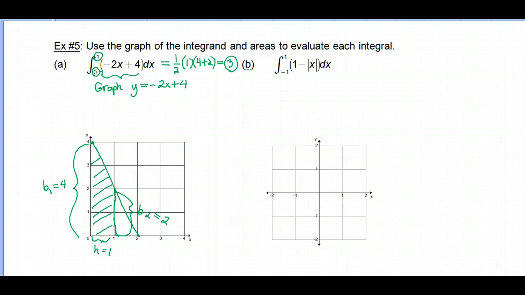So the hardest part is basically graphing and getting the right area that we're looking for. Because from there, hopefully you remember how to find the area of a rectangle and a triangle. So literally you just turn it, and you could see that this rectangle here has an area of 2.